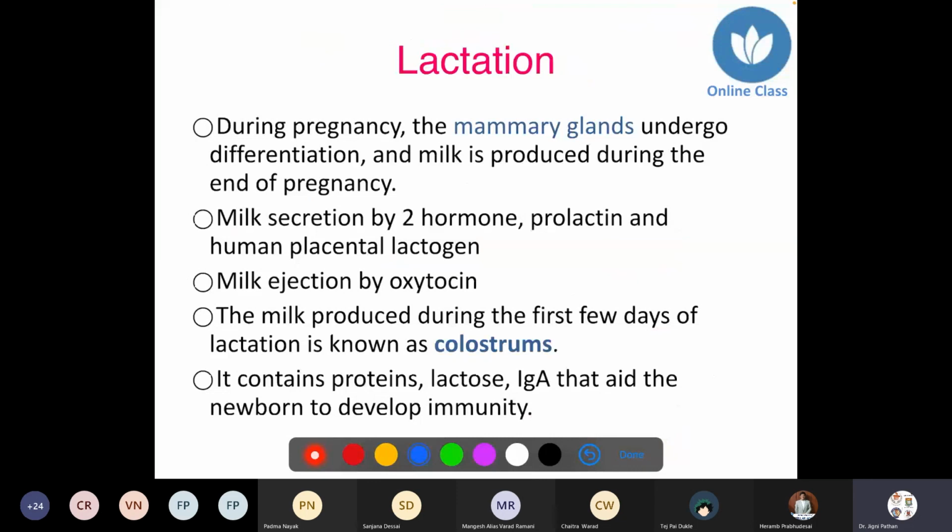After development, how gestation happens, parturition taking place, lactation. The main thing is hormones. Clear?